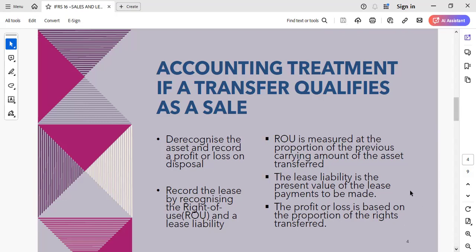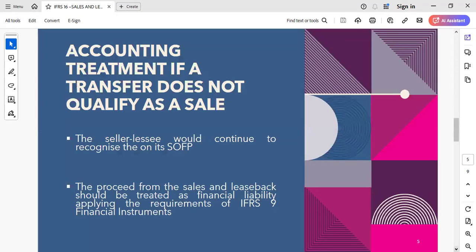So the two main accounting treatments are that if a transfer qualifies as a sale, you derecognize the asset and recognize the profit or loss on disposal in your profit and loss account. And then you record the lease liability by determining the right of use and then also the present value of the lease liabilities.